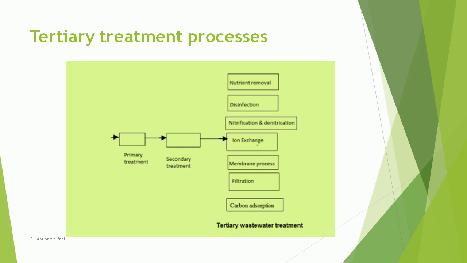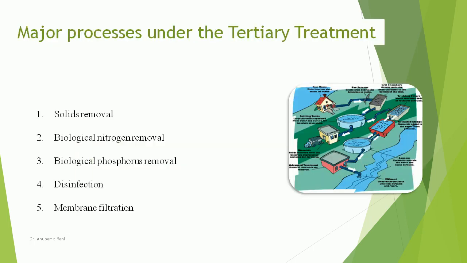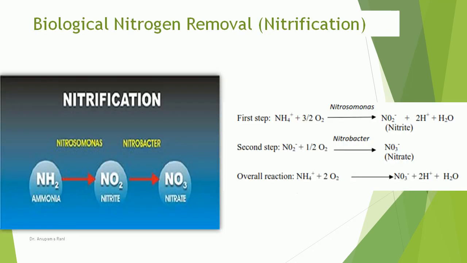We are going to see all the processes one by one in this video. As I said, the major processes under tertiary treatment are: 1. Solids removal, 2. Biological nitrogen removal, 3. Biological phosphorus removal, 4. Disinfection, 5. Membrane filtration.